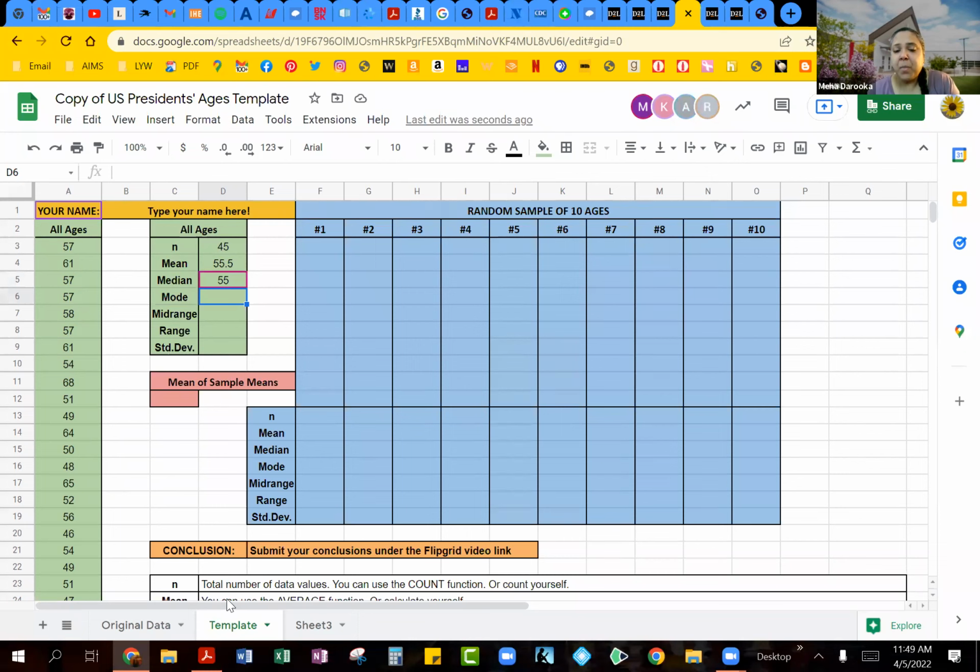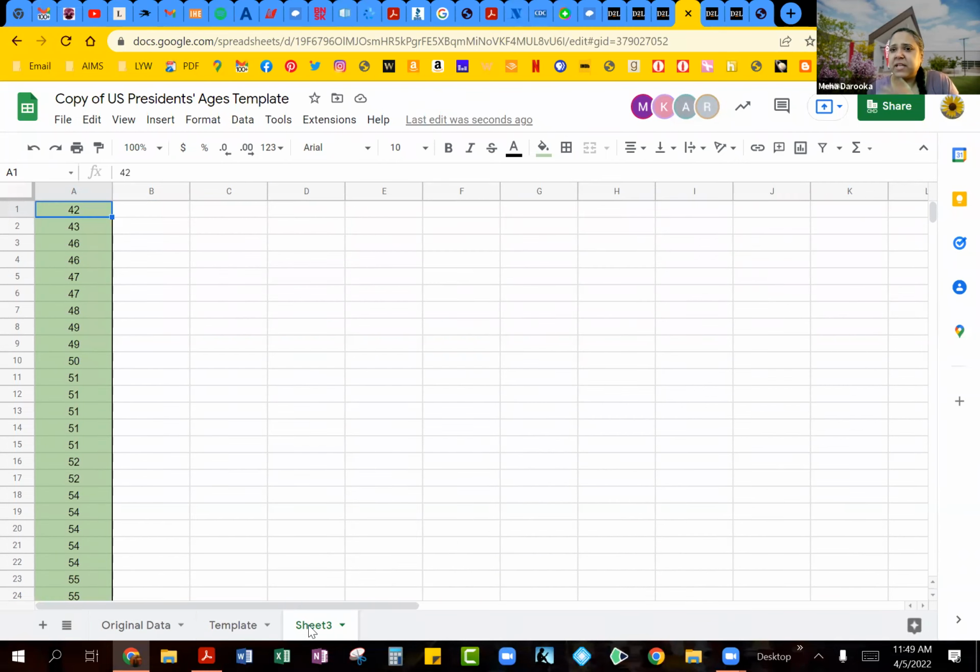Now for the mode, remember how I was telling you we talk about mode in terms of which number occurs the most often, so which one would have the highest frequency. When you are working with mode, typically you can create a frequency distribution table and see which age has the highest frequency. But we can do that right now visually if we wanted to. You can see the 40, 42, 43, 46, 47, 48, 49.